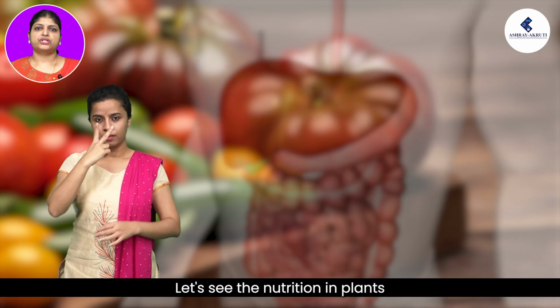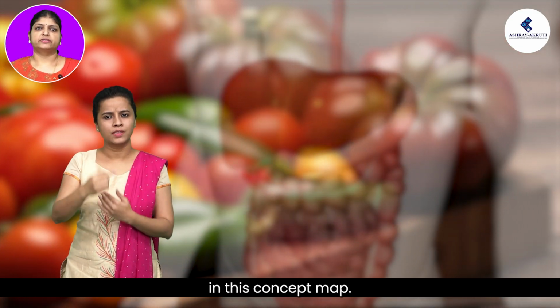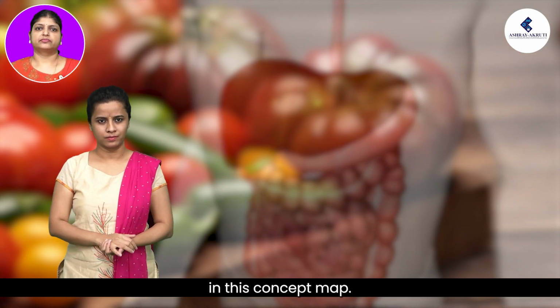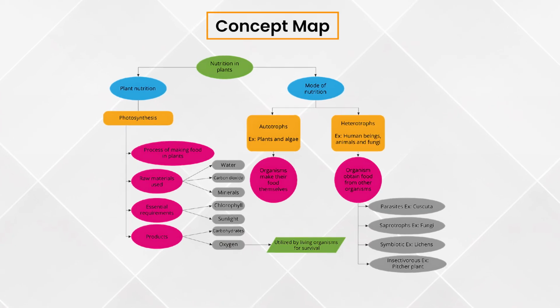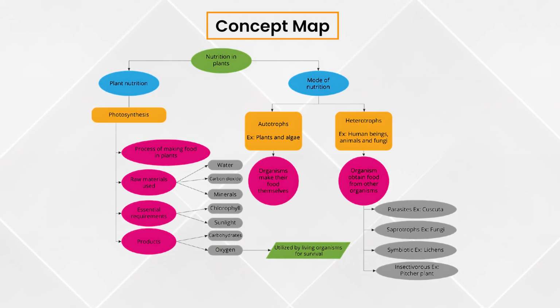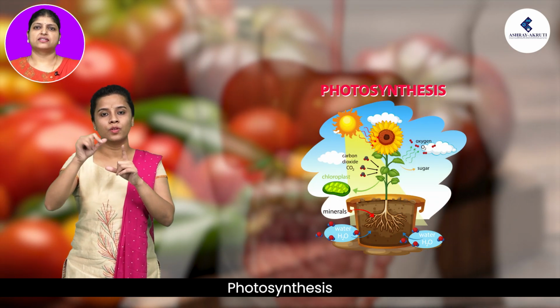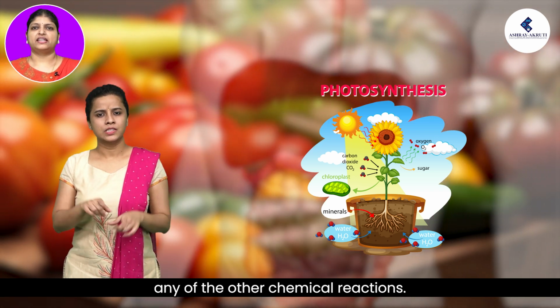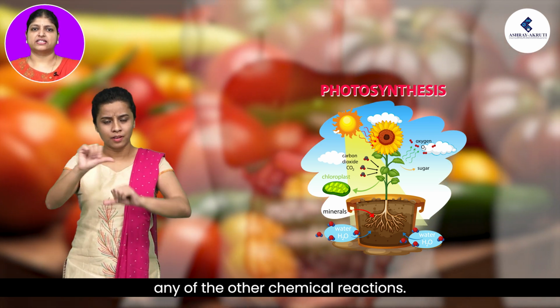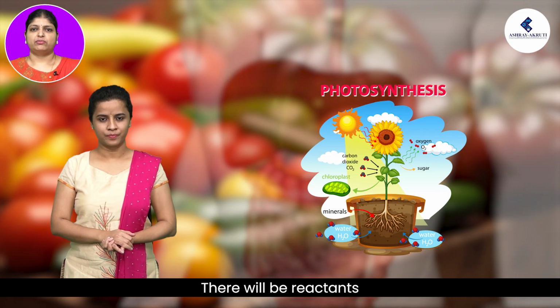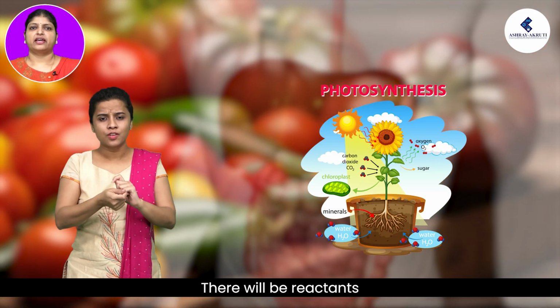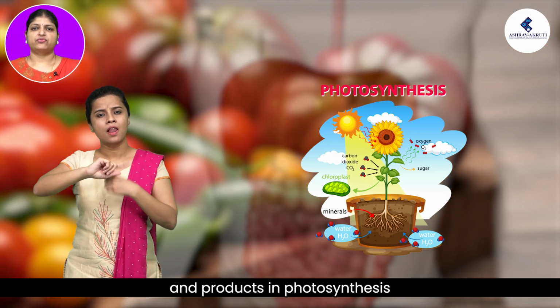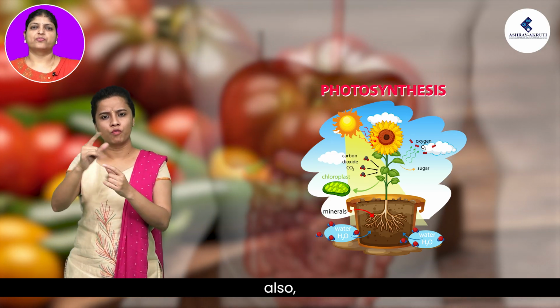Let's see the nutrition in plants and examples in this concept map. Photosynthesis is a chemical reaction. Like in any of the other chemical reactions, there will be reactants and products in photosynthesis also.